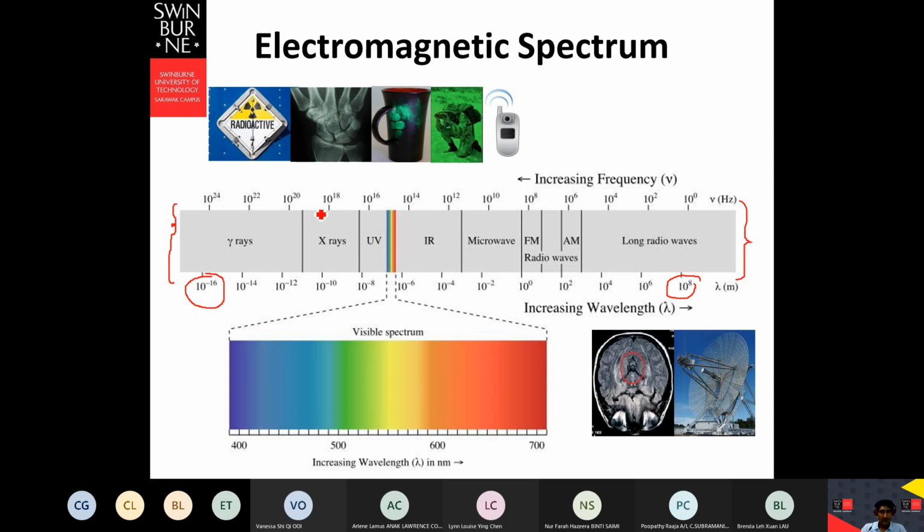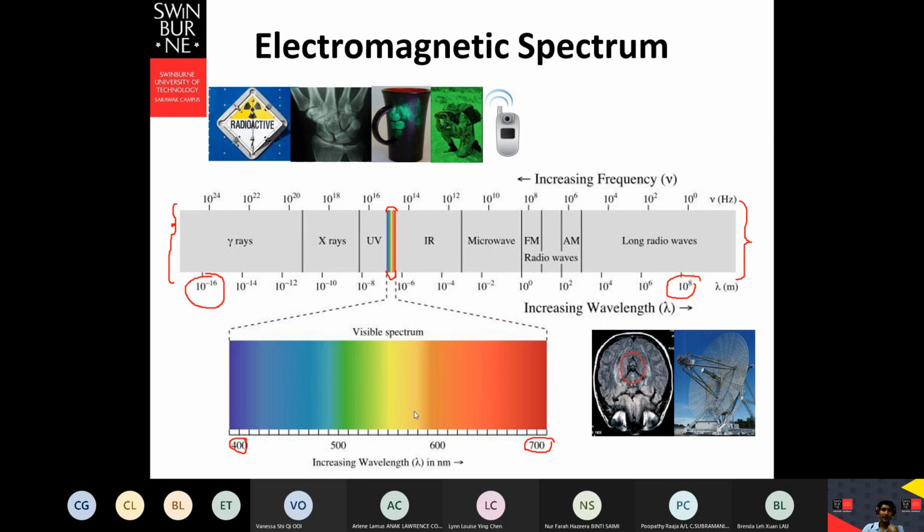Out of this whole range, there is only a small bit from 400 to 700. To be more precise, 380 to 720 nanometers of wavelength is visible to the human eye.